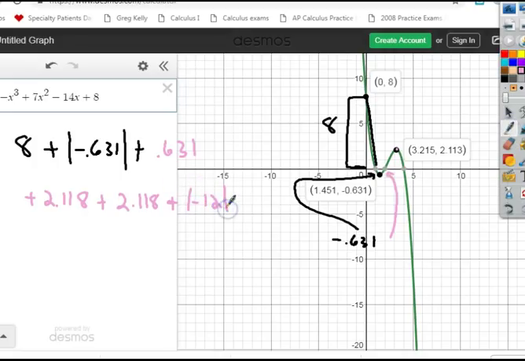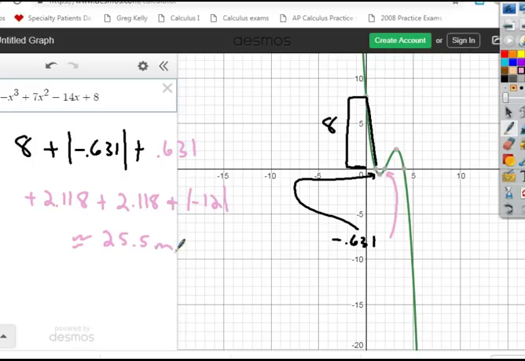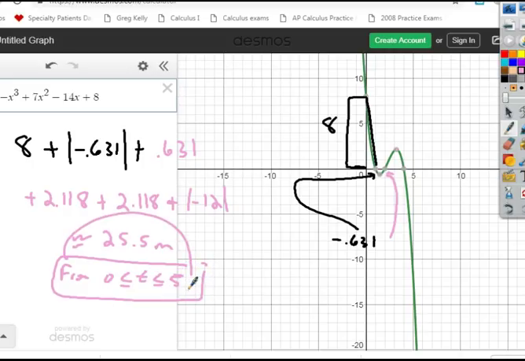If I add all those things up, its total displacement is about 25.5 meters from 0 to 5. So that's its total displacement, about 25.5 meters.